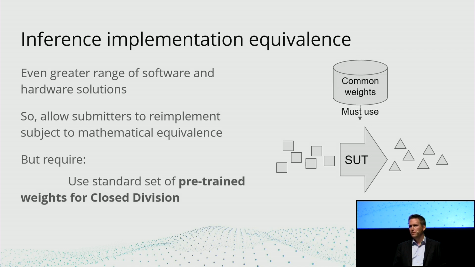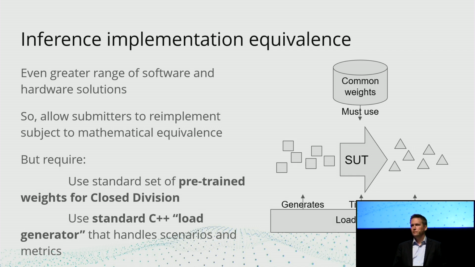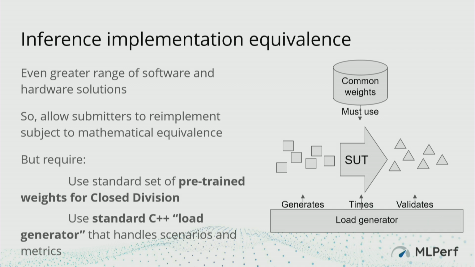One of those is we require everyone to use a standard set of pre-trained weights in the closed division. The second is we require everybody to use a standard load generator that generates the inputs in accordance with the scenarios, times the processing, validates the results.